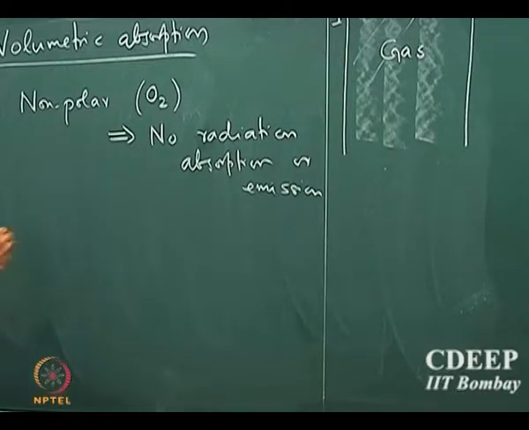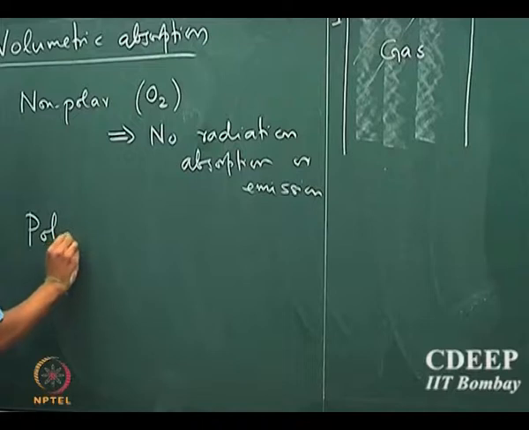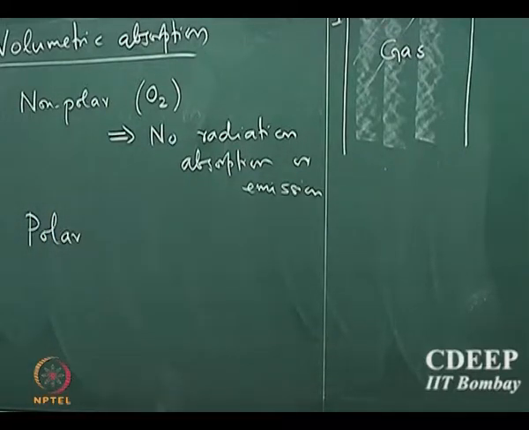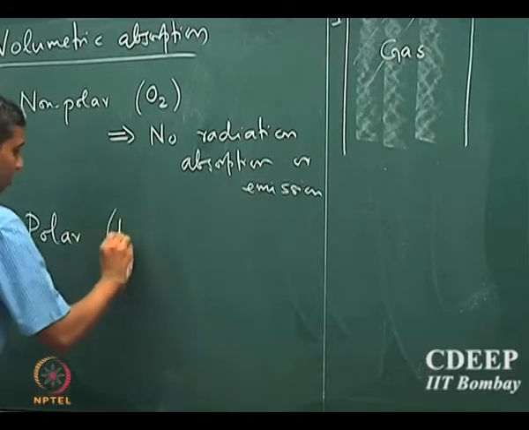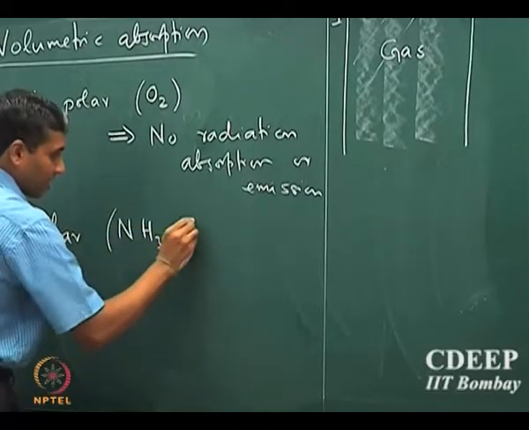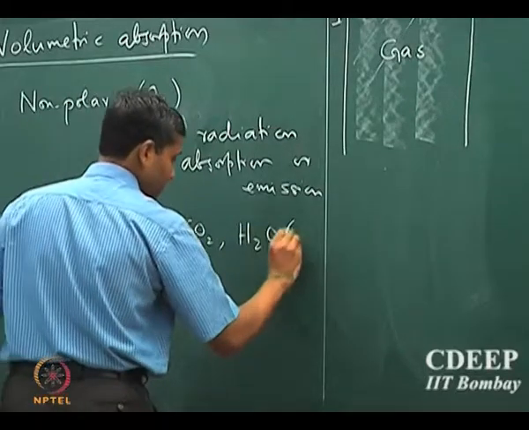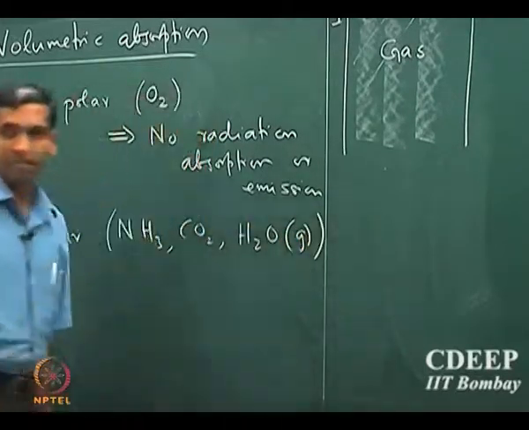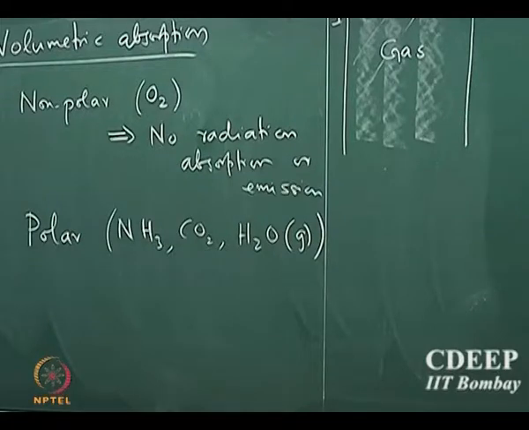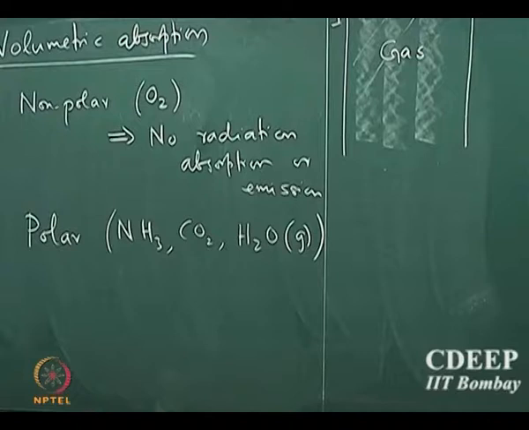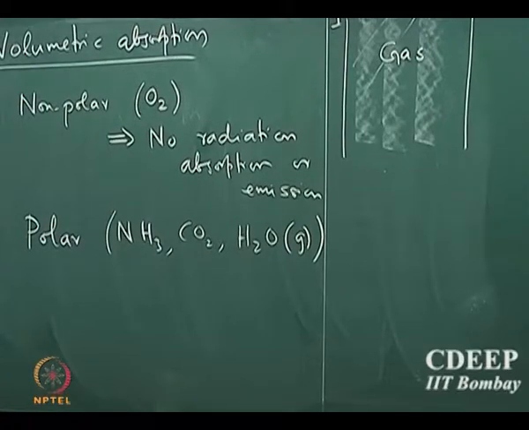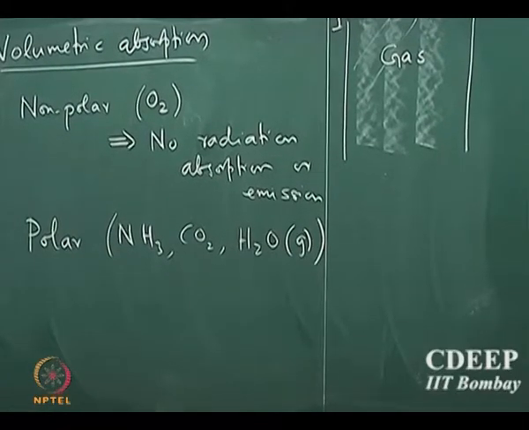But supposing I have polar gases, what is a good example of a polar gas? Ammonia, okay. So, ammonia is polar, carbon dioxide is polar, and water vapor in the gaseous state is also polar, they are all polar gases. So, they have the ability to absorb and emit radiation at different locations in the medium, okay.